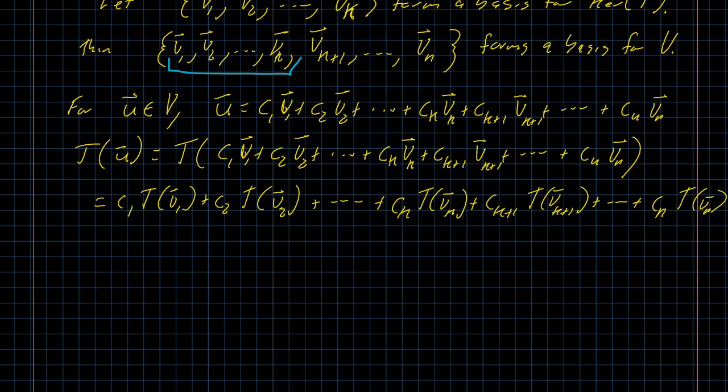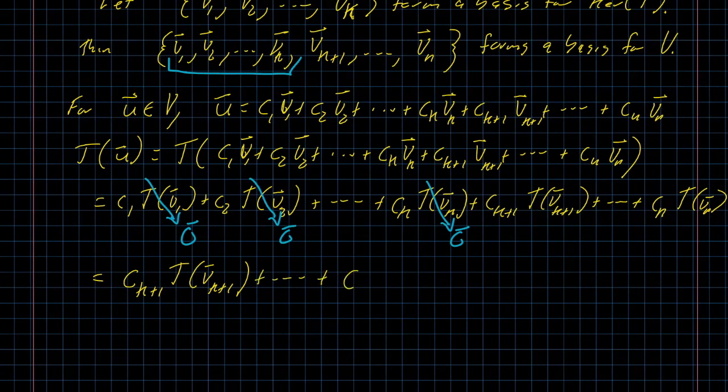And finally, the reason that I set up my basis the way that I did, I know that there are k of these basis vectors which are in the kernel. And remember, the kernel is the set of vectors that transform to the zero vector. So those first several terms go away. I start with ck+1 T of vk+1, and I continue downward to cn T of vn.